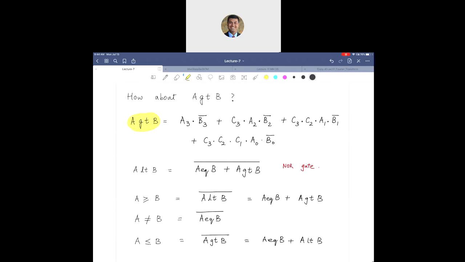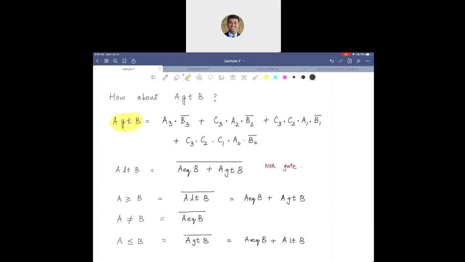You can derive all the 6 inequalities if you had those two of them. That's it. And I've given you guys the expressions to look at over here.